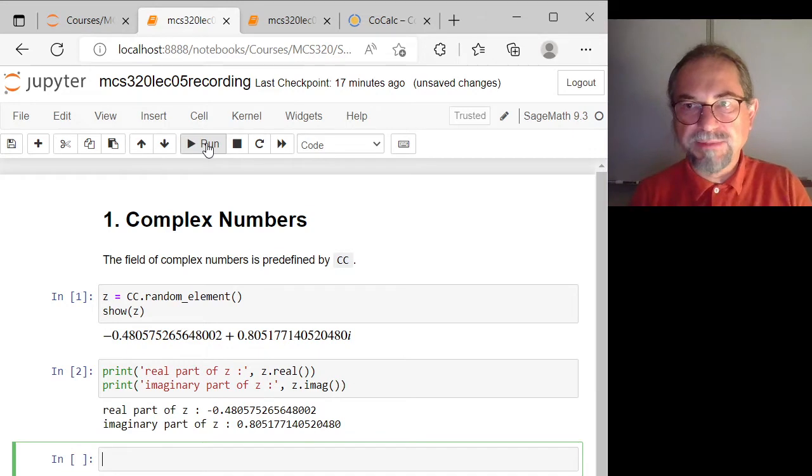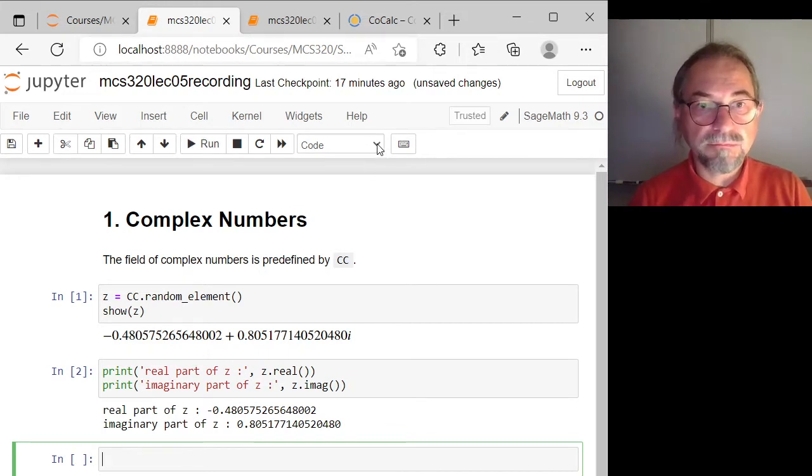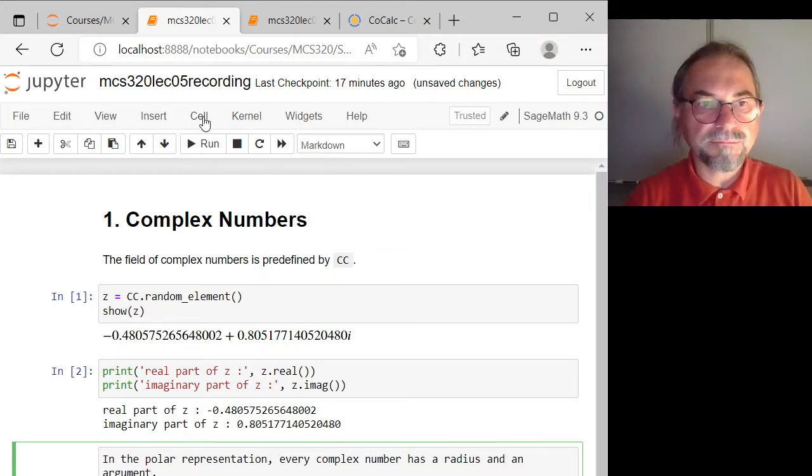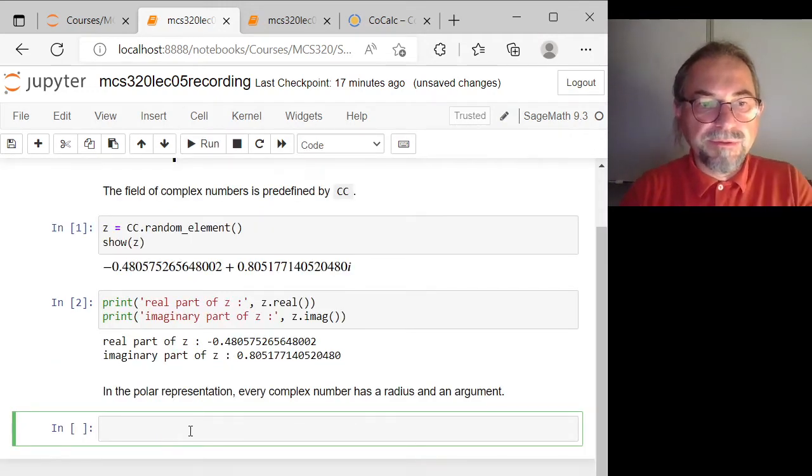This can be identified with a two-dimensional plane. This is the rectangular representation of a complex number. In the polar representation, every complex number has a radius and an argument. Let us compute the radius.